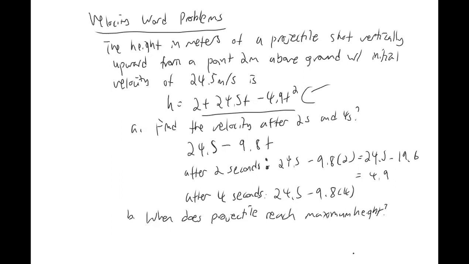Good. It's when the derivative is 0, but why? That's the correct answer. It's when the velocity, the derivative, is 0, but why? So how would you graph this function? Okay, parabola, upward or downward?